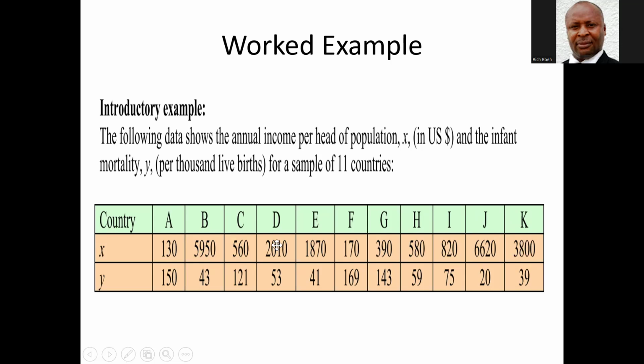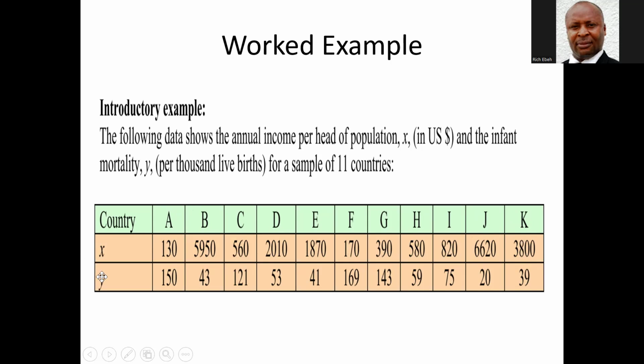From this table, you see that the country with the highest income per head is country J, followed by country B. While the lowest income per head is country A, followed by country F.